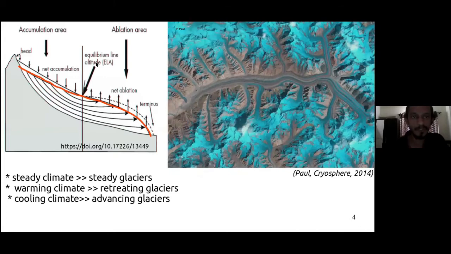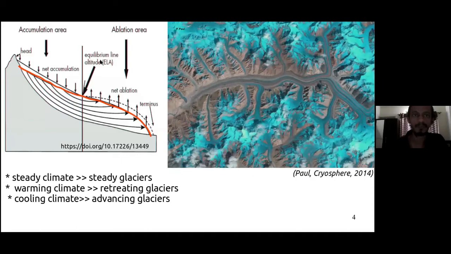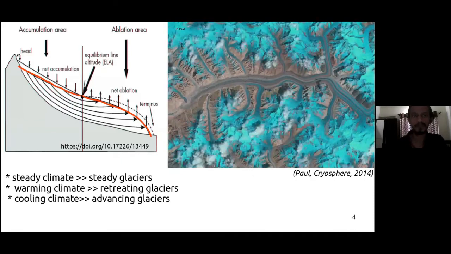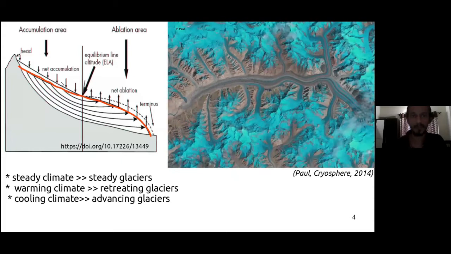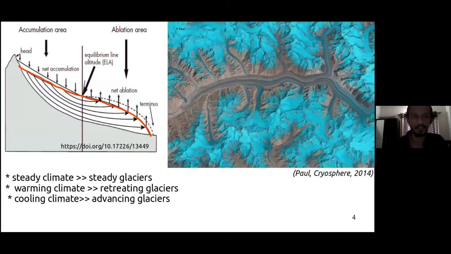Also, let me define this ELA, which I'll refer to a couple of times, which is called equilibrium altitude. So this is the altitude where the net balance is zero, averaged over a year. Whatever I'm talking about here is averaged over a year. Mass balance by definition is averaged over a year.